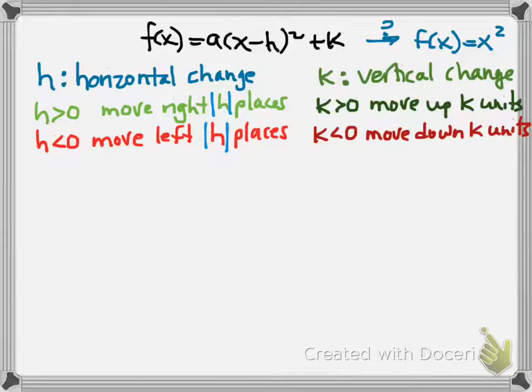And A, man, he's the star of two parties. So A can deal with a reflection. And what do we say A needed to be in order for the parabola to face upward? He needed to be positive. So if A is greater than 0, there's no reflection and the graph opens up.